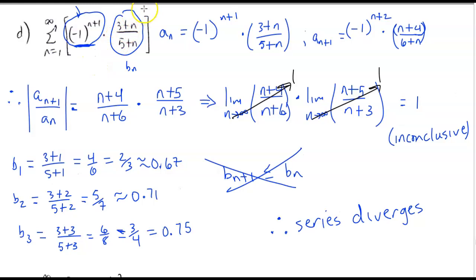Okay. But if we look at the limit of b sub n, which is essentially just saying the limit as n approaches infinity of n plus 3 over n plus 5, we know for the same reasons that the limit of n plus 4 divided by n plus 6 is 1, the limit of this is 1 as well.